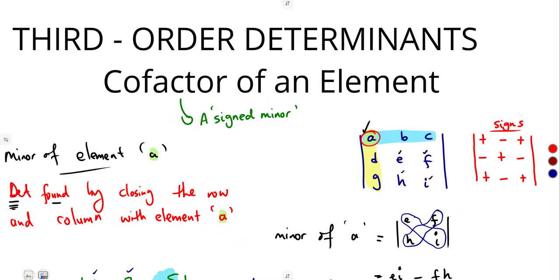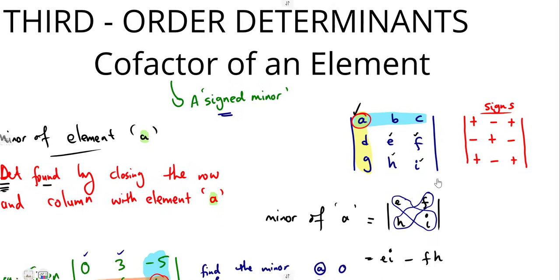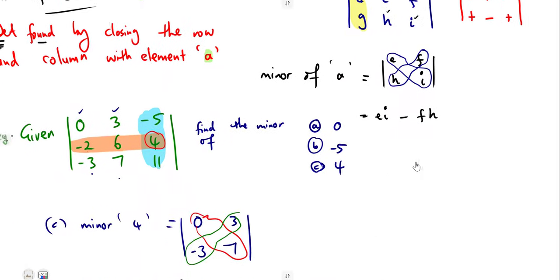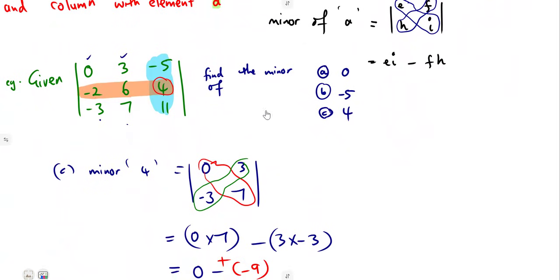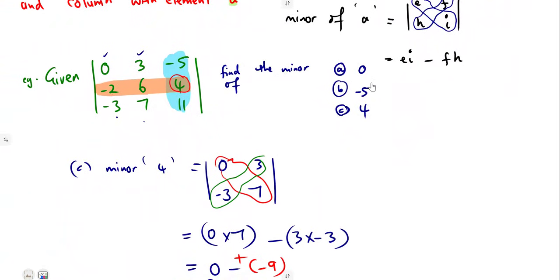So when we say a cofactor is a signed minor, it simply means that, for example here, we had to determine the minor of the elements that we are given: the minor of 0, the minor of -5, the minor of 4. I want to focus on where we determined the minor of 4. There's no need for me to erase, let me just leave it.